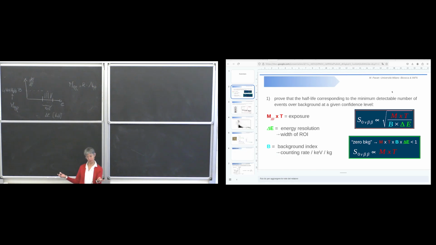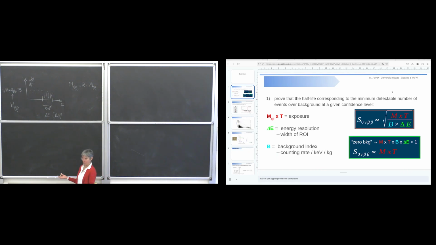So I wonder, because I have to go to my funding agency and say, okay, my experiment has this cost, I want to be funded, but what I will offer you is that the sensitivity of my experiment will be this one. So I need to be able to predict the sensitivity of the experiment. And so which is the worst condition? The worst condition is that I do not see the peak.